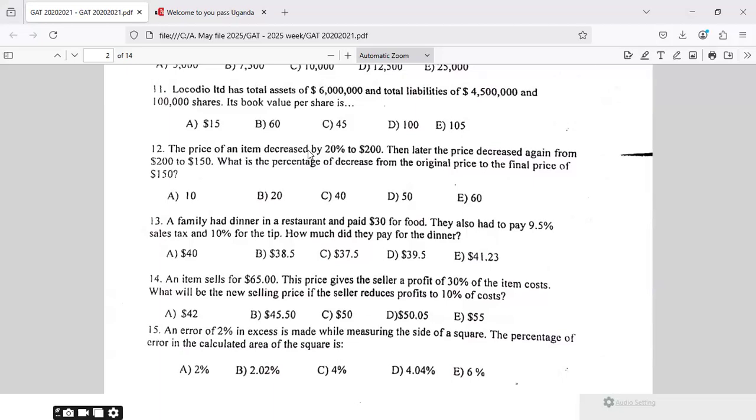Then what percentage of decrease from the original price to the final price of 150? Okay, shortly, let me work it out.